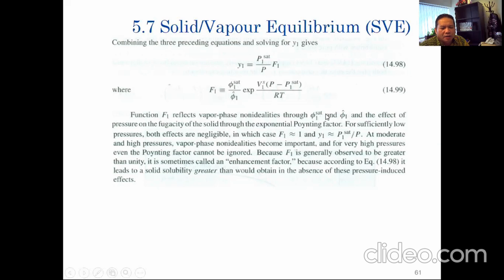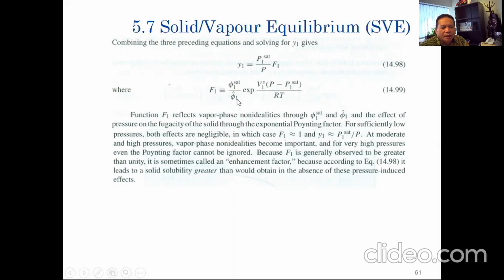At moderate and high pressure, vapor phase non-ideality becomes important. For sufficiently low pressure, both effects are negligible, so we can assume F1 equals 1.